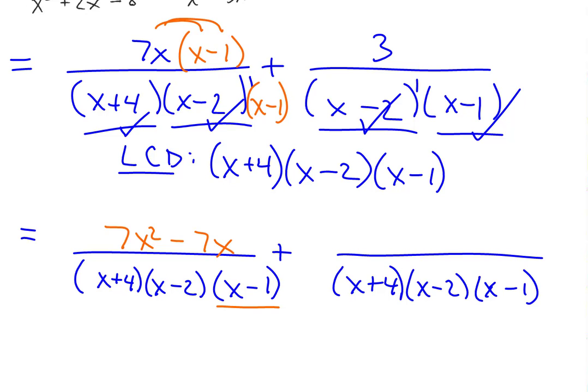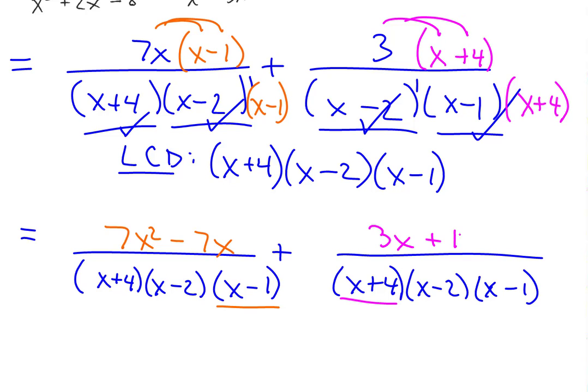And there you'll notice it was missing the x plus 4 factor that was not in the second denominator originally. So we'd have to multiply that by that x plus 4 to make up for it and get this new version of it. But that would mean we'd have to multiply the numerator also by x plus 4 and then distribute the 3 as expected here to get 3x plus 12 as the new numerator for this second fraction.